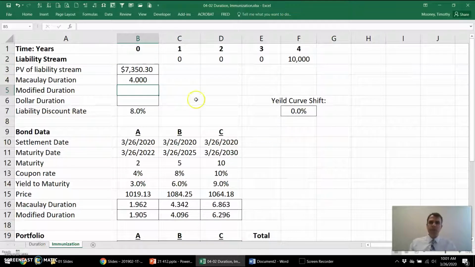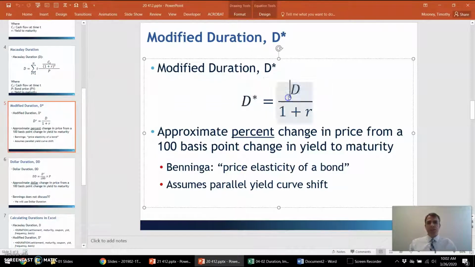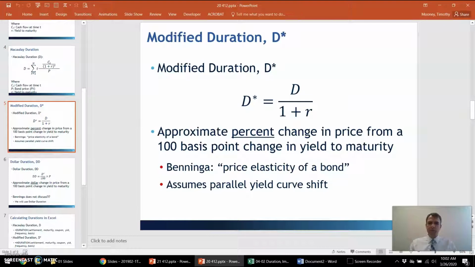Remember, the modified duration is just the Macaulay duration divided by 1 plus the discount rate. So here's modified duration. D star is Macaulay duration divided by 1 plus the yield to maturity. And then Macaulay duration is up here. If you did this whole formula for that liability stream, you'd get 4.